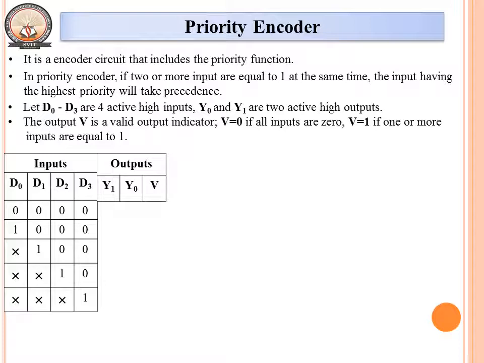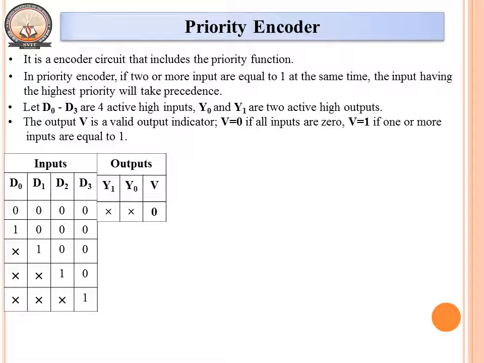When all the inputs are 0, when you are not activating any input, you will not get any output. The output is don't care, it can be either 0 or 1, but the V value will be 0. Why is V 0? Unless you activate at least a single input line, the output of V will be 0 only.